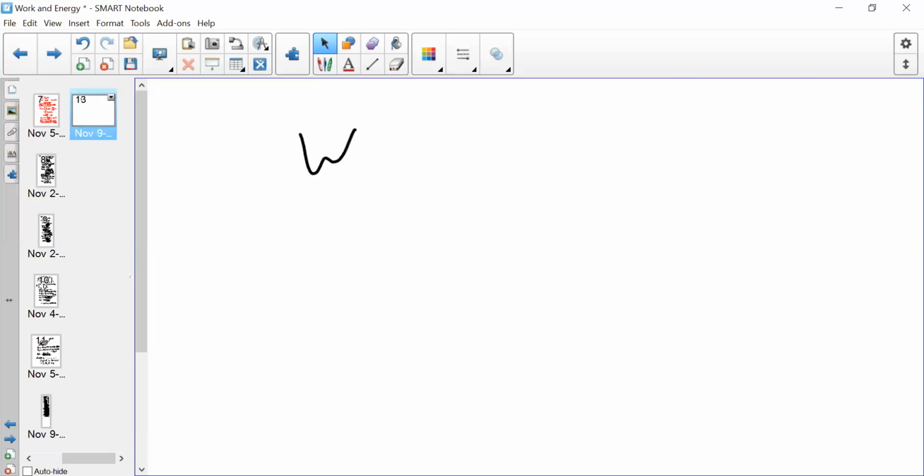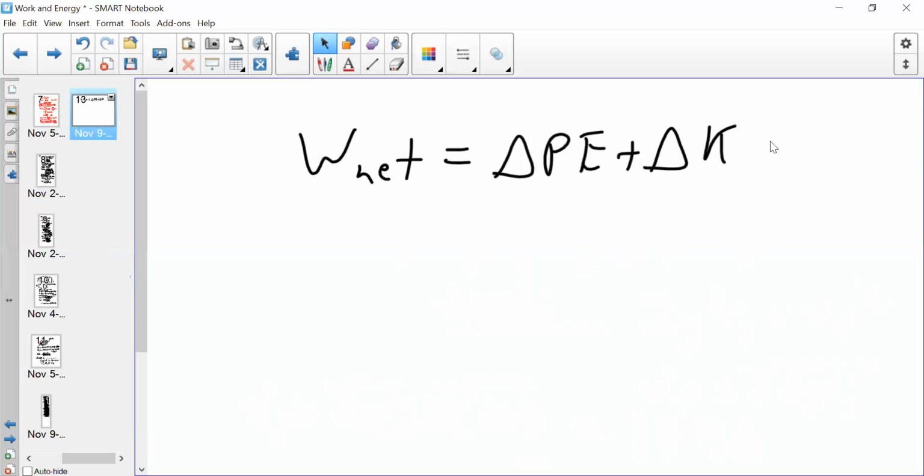When we put all this together, and the net work here is in the context of gravity, we can then say change in PE plus change in KE. This net work here becomes 0, because the total work done in a gravitational field is 0.